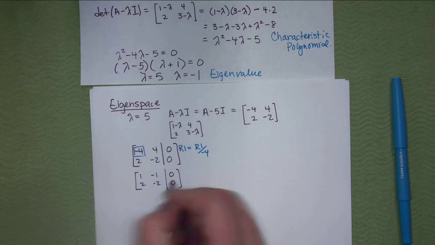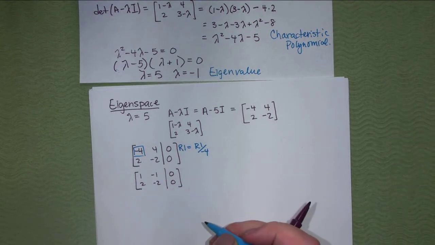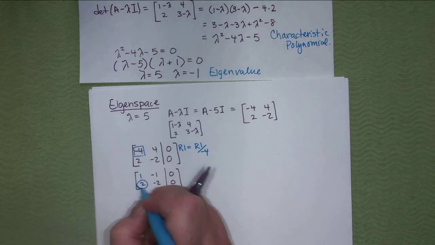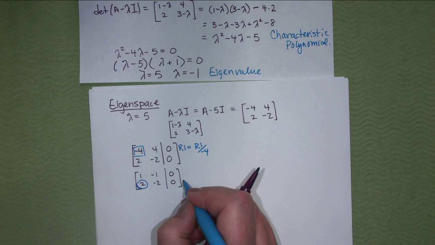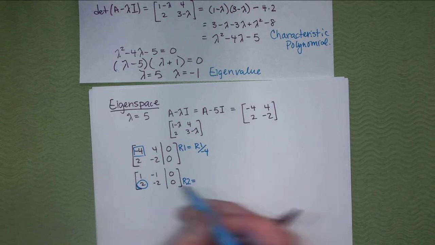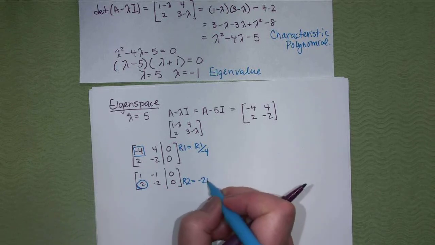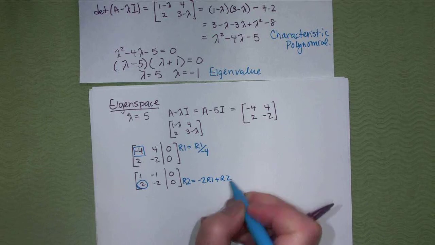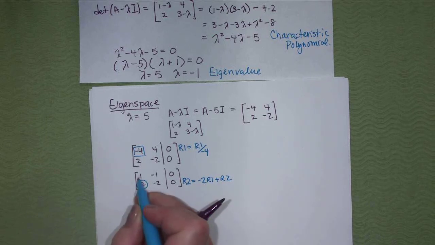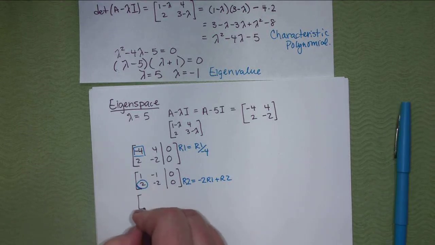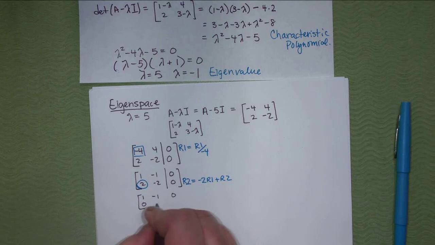If you're really good at row reducing, you can jump right to the answer. So, we need a 0 here, that's in row 2. So, minus 2 row 1 plus row 2. Because that's a 2, that would need to be a minus 2. When we do that, we end up with this.